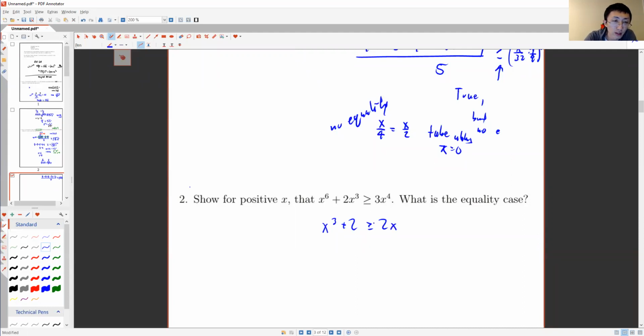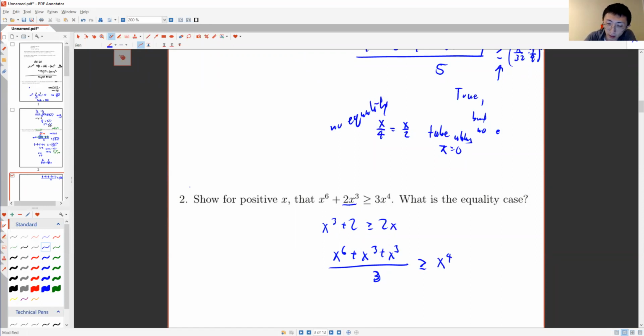And then David says, yeah, we can split the x and the x. Like this can be x. So what I prefer to think of it as is that, yeah, this is one way to look at it, x cubed plus x cubed. And then we can divide both sides by 3. And then this is basically AM-GM.